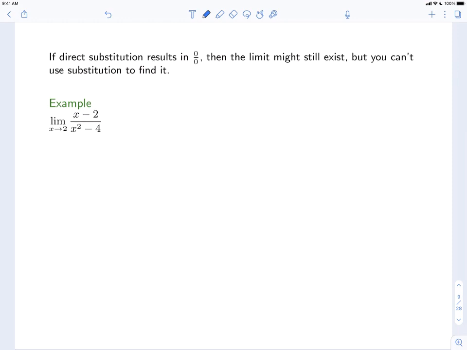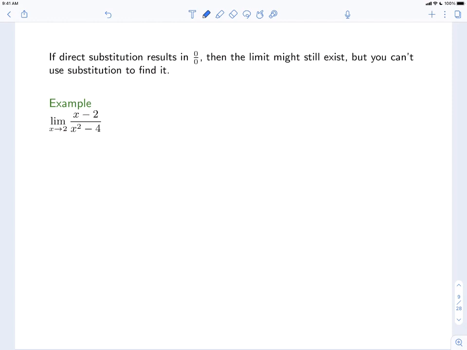If direct substitution results in 0 over 0, then the limit might still exist, but you can't use substitution to find it. 0 over 0 is what we call an indeterminate form, and that means that the limit might exist, but again, if you just plug in x equals whatever, you'll just end up with 0 over 0, which you can't compute. It doesn't tell you anything. Let's look at this example here.